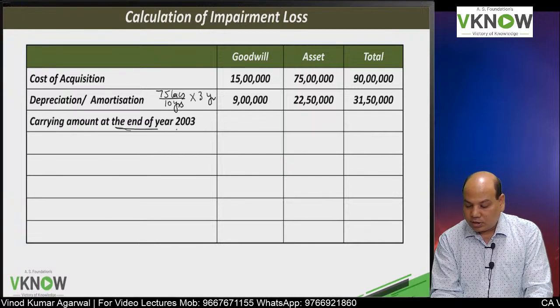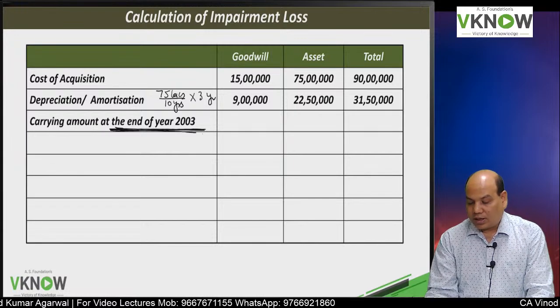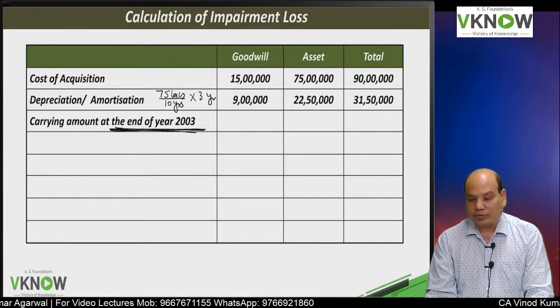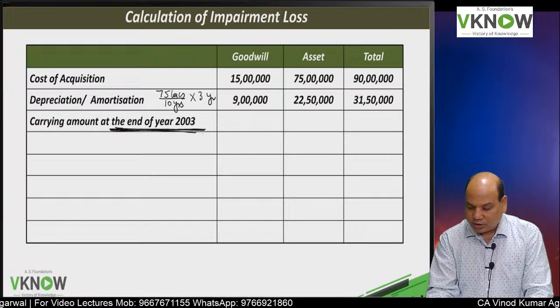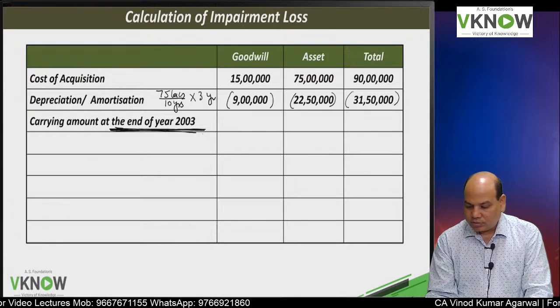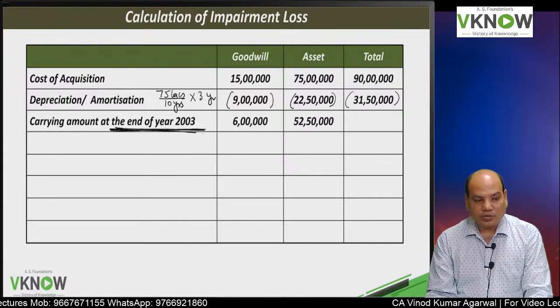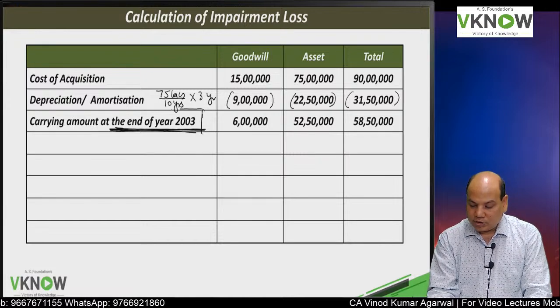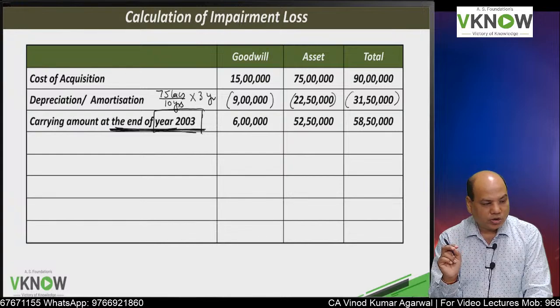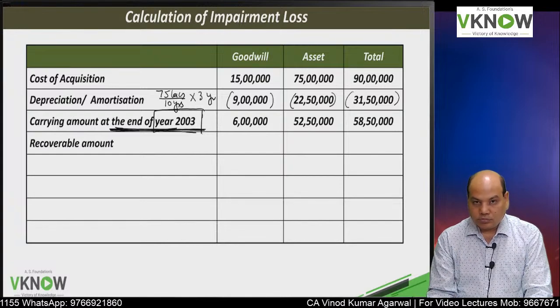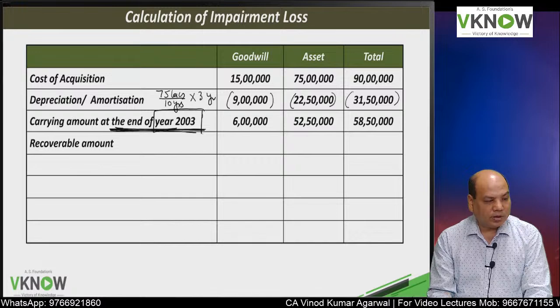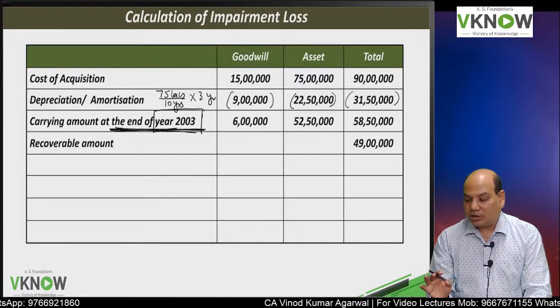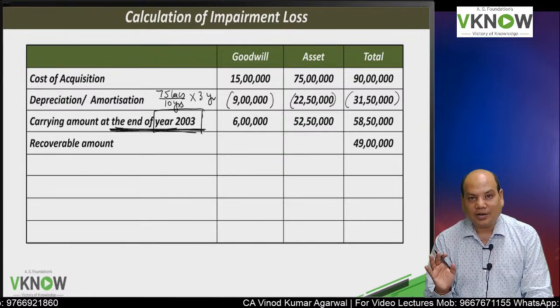So this is my carrying amount at the end of the year 2003. Please deduct 9 lakh from 15 lakh, 6 lakh, 52 lakh 50,000, 58 lakh 50,000. At the end of this year, there was an indication of impairment. So we have computed the recoverable amount and we found that the recoverable amount is 49 lakh.